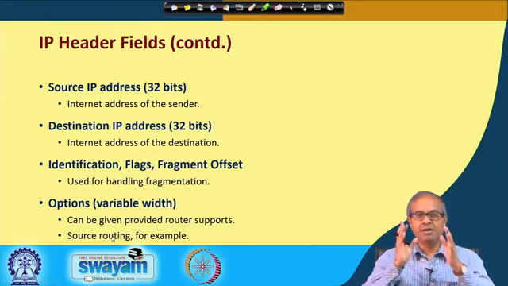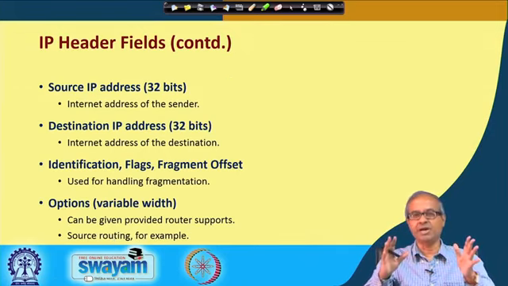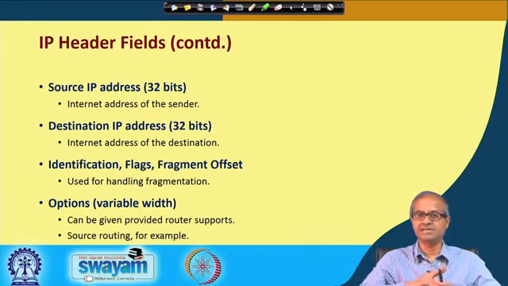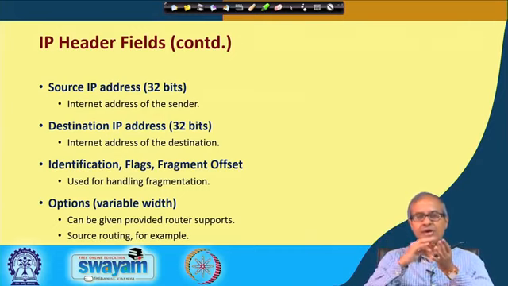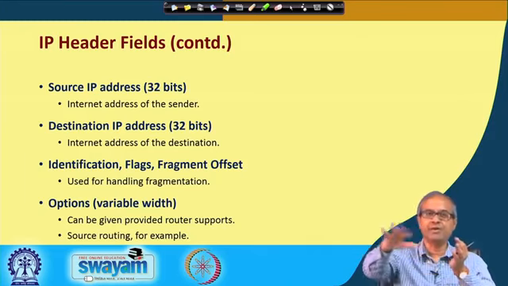Normally, the way a packet will be routed, you leave it up to the IP layer in the routers. You send a packet to the destination address and let the routers decide. But some routers may have a feature called source routing, where you as the transmitter, as the source, know that this is the best route and you want your packet to follow this route.